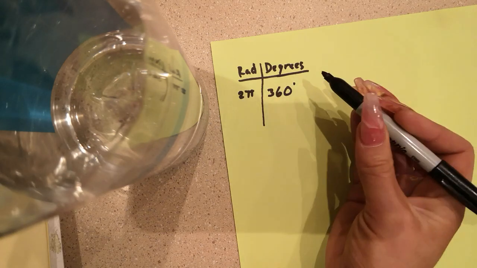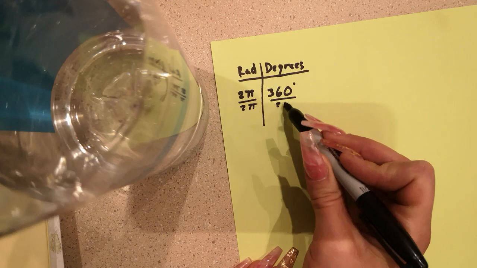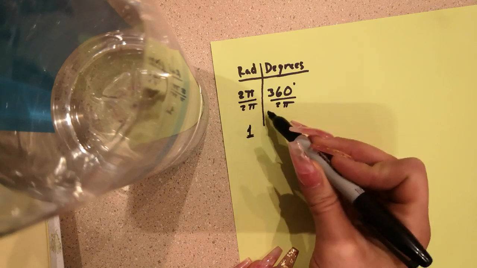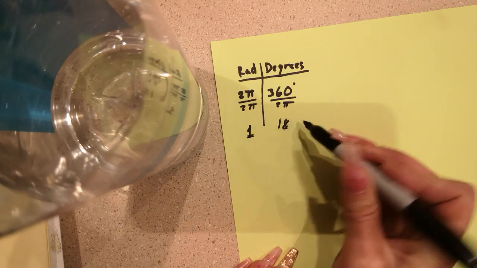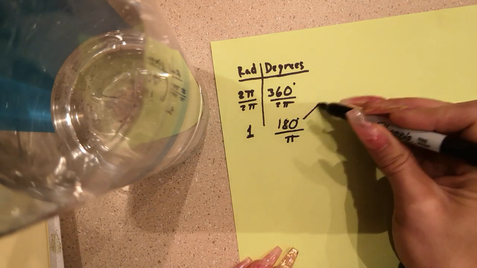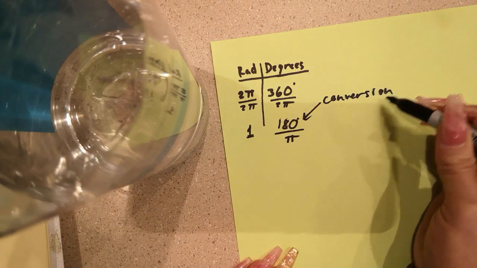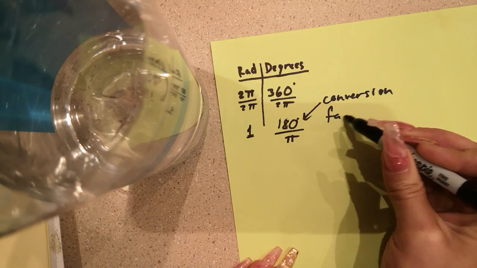Therefore, if I'd like a conversion factor, what if I divide both sides of this by 2 pi? That means every 1 radian corresponds with 180 over pi degrees. And I can use this as a conversion factor.